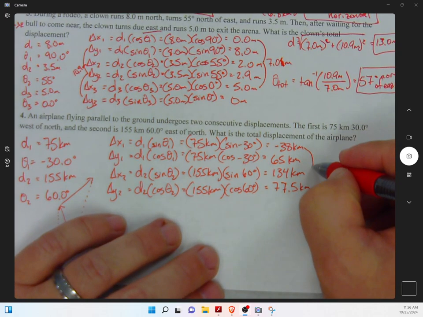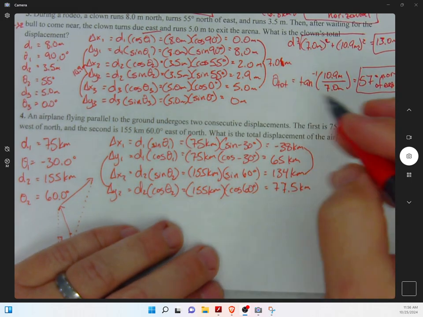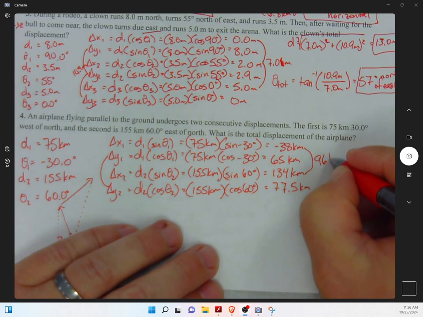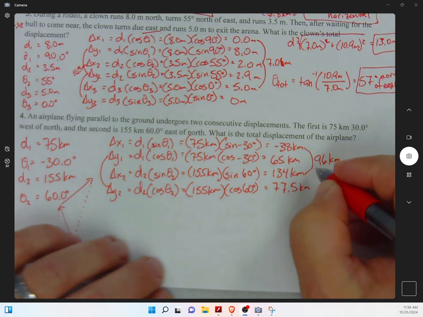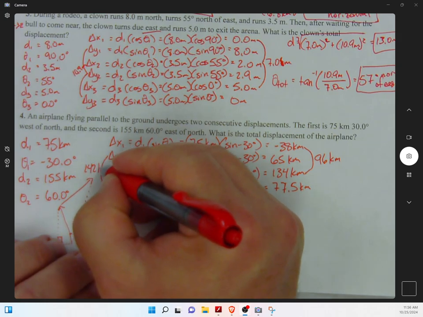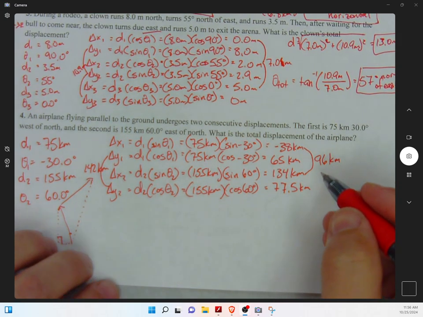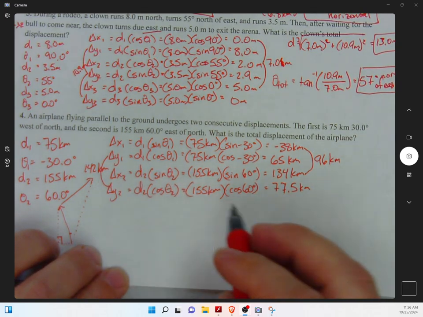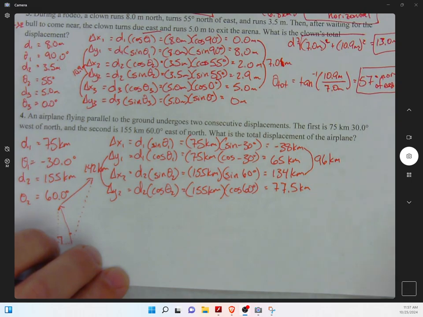So I'll add my x's together and I'll add my y's together. And so this ends up being, what's a weird one? 96? Is that 96? I sure hope it is. And then 42. So we have a positive value and a positive value, right?